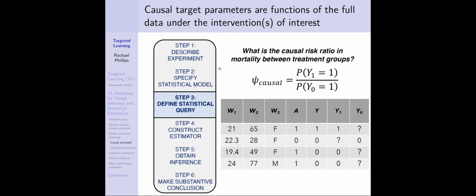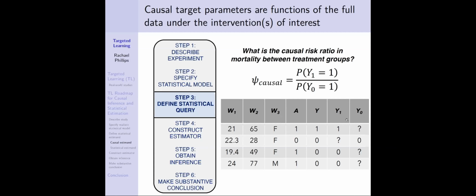Okay, so here's how our data might look if we wanted to look at these counterfactual outcomes. These causal target parameters are functions of this full data under the intervention of interest. So here we can see the same data as before. I've just started to use the notation. Here's the treatment, the 1 month mortality that we observed, and then the 3 covariates that I introduced earlier.